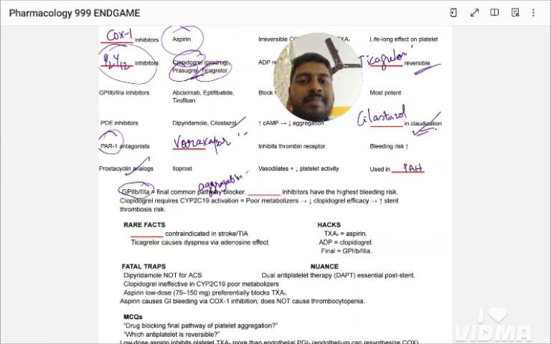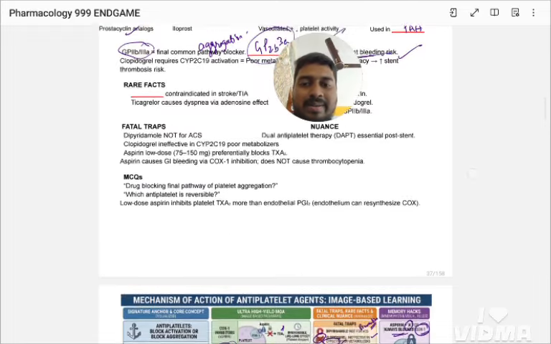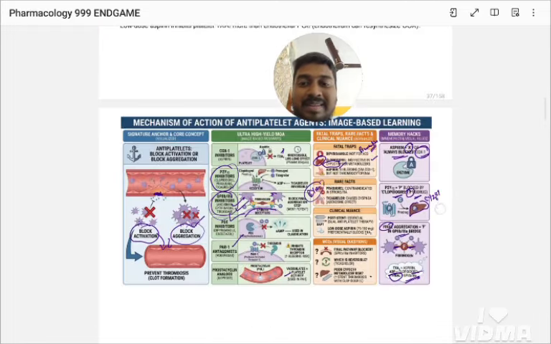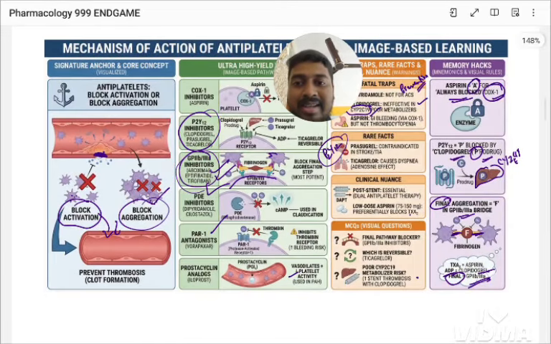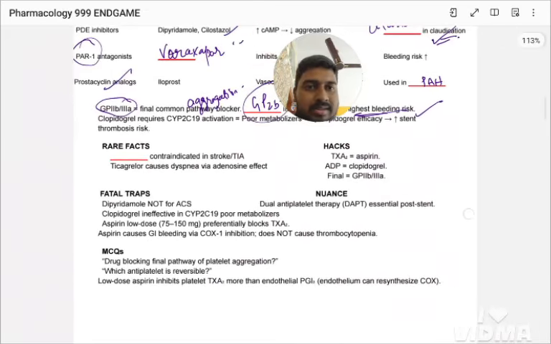Dash inhibitors have the highest bleeding risk. I told you these are GP2B3A. GP2B3A inhibitors have the highest bleeding risk. Which are the examples? Abciximab, eptifibatide, and tirofiban. These three drugs. Next, last question.